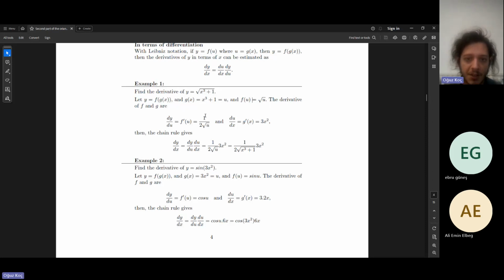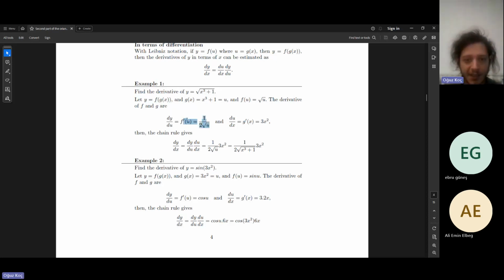The derivatives of f and g are as follows. When we take the derivative of y, which we already know is f of u, in terms of u, it can be calculated as 1 over 2 times the second root of u.